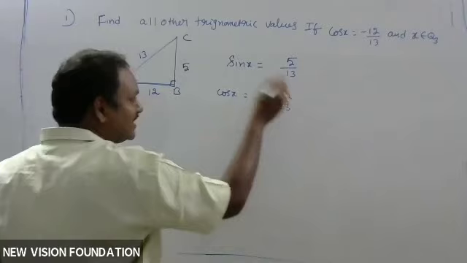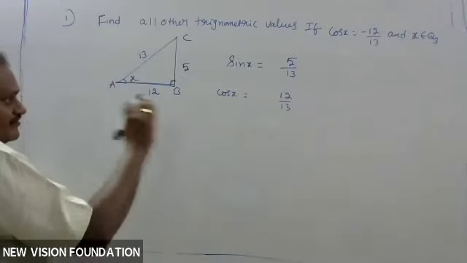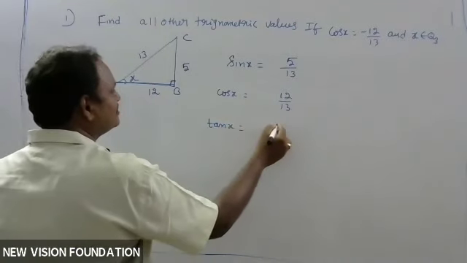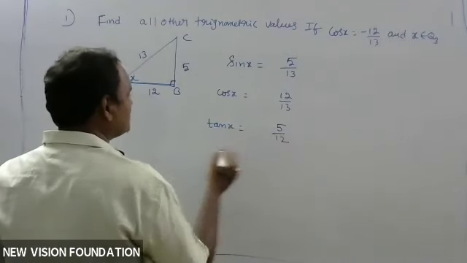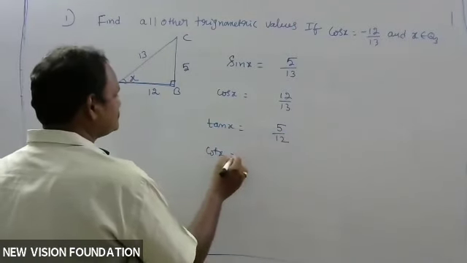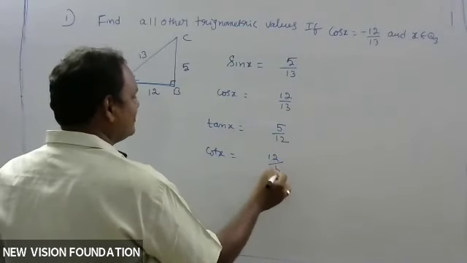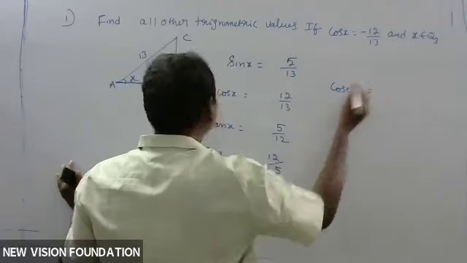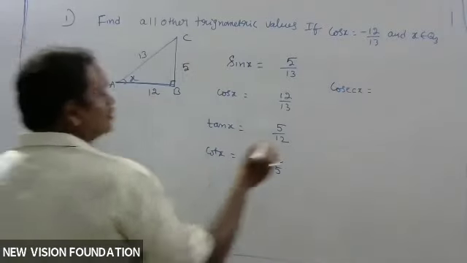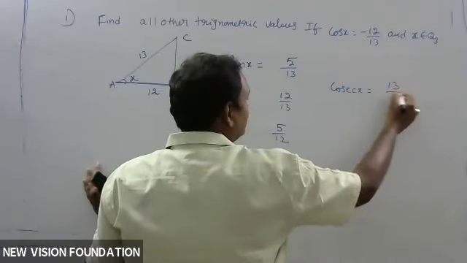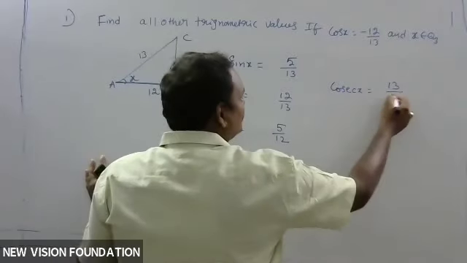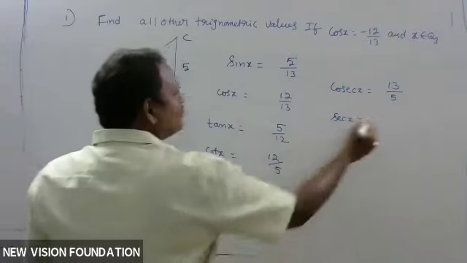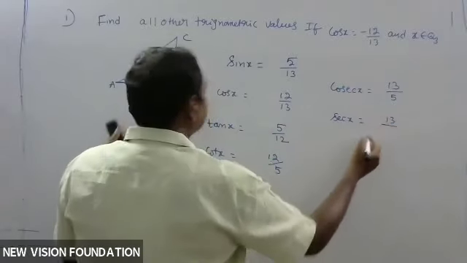Tan x is 5 by 12, and cot x is 12 by 5. Cosecant x is hypotenuse by opposite side, and secant x is hypotenuse by adjacent side.